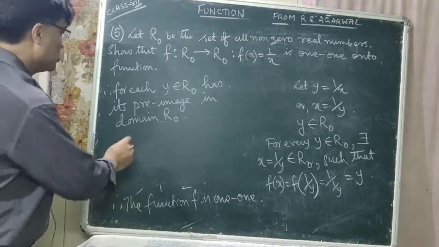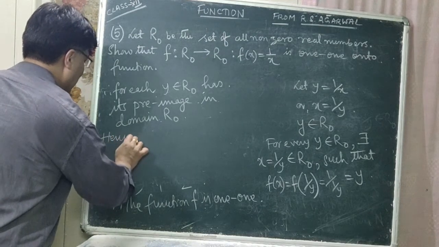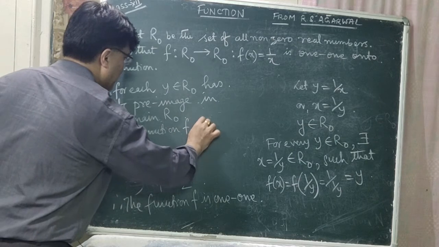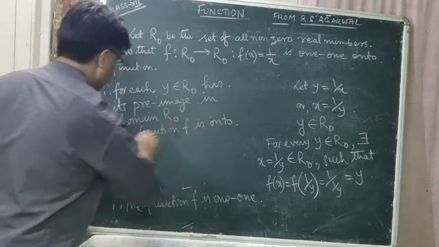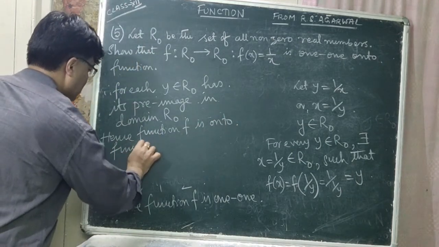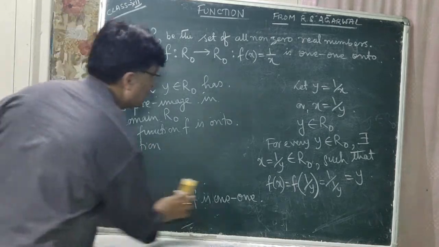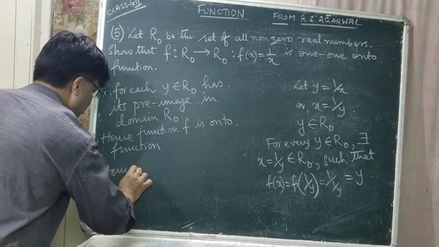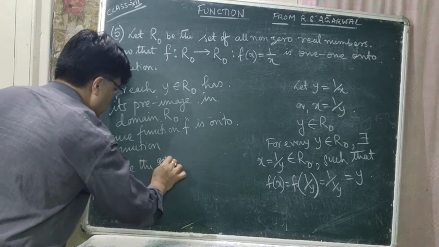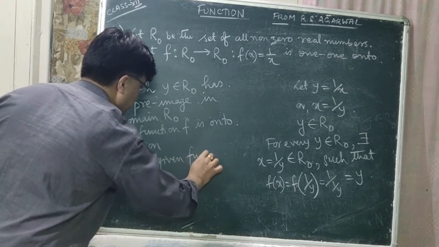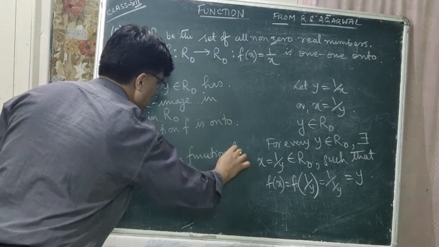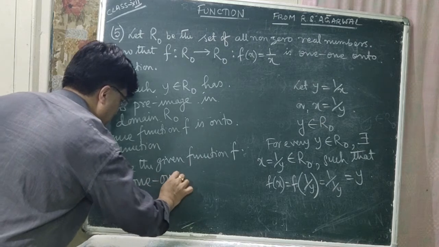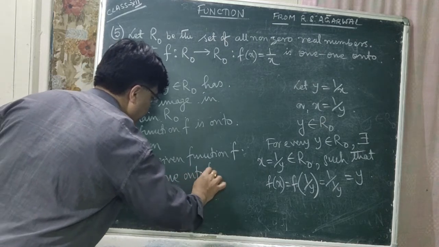Is that clear? So hence the function f is onto function. Hence the given function f is 1-1 onto function.